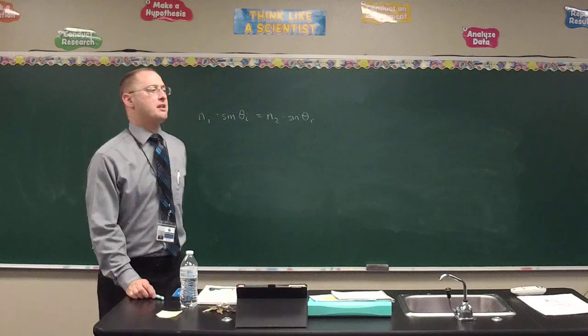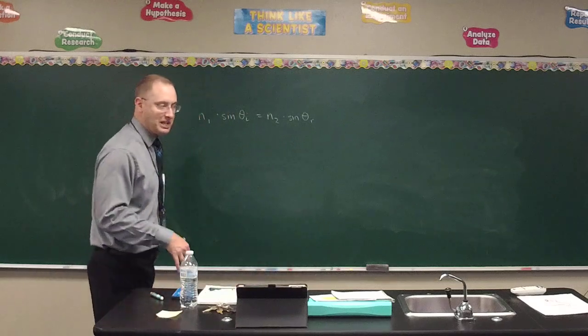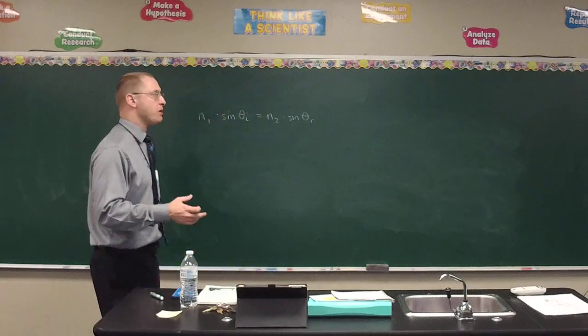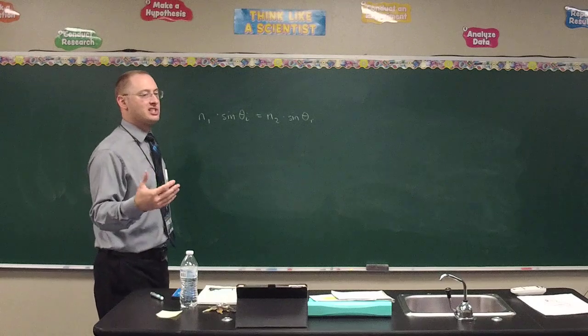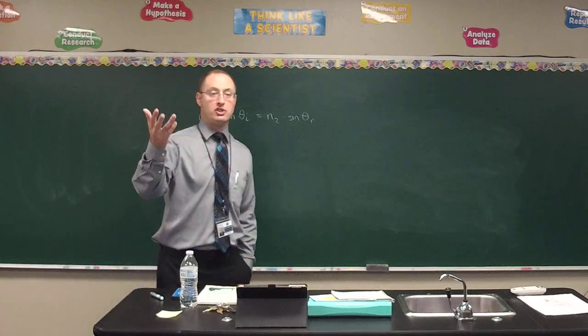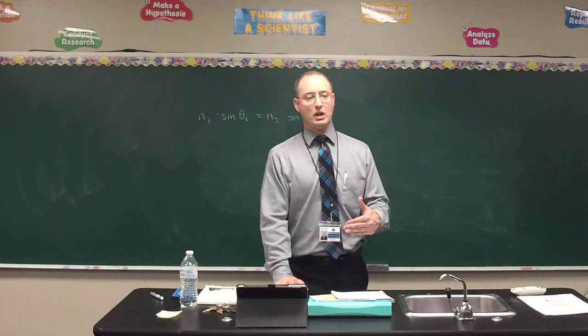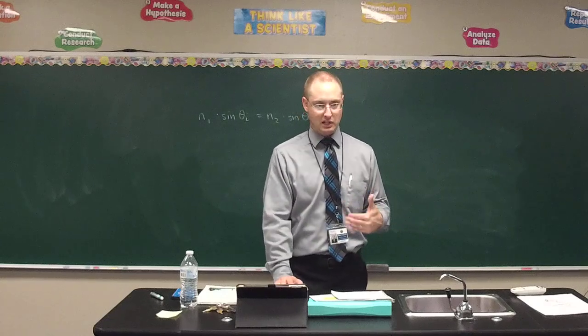We talked about if light is in a high density medium like glass or even water, but glass is a higher density medium, and the light attempts to escape into a low density medium like air. If the light is at just the right angle, it won't get out. It'll stay trapped inside.